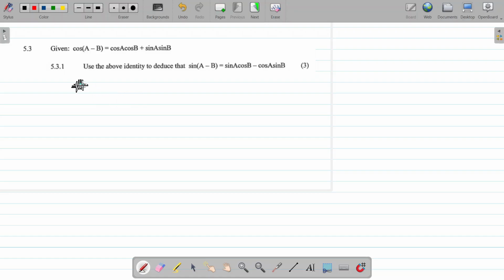So we can say sine of A minus B is the same as saying it's cos of 90 minus (A minus B). Right, I've used cofunctions.